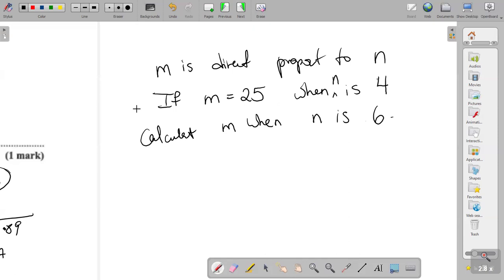Still doing it? Okay, so we got another one, 6.25. Someone says stuck, that's okay.